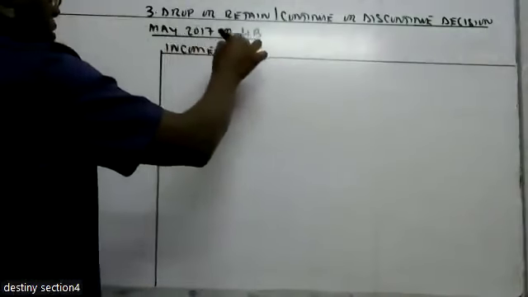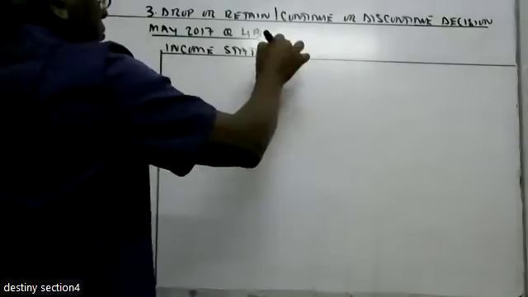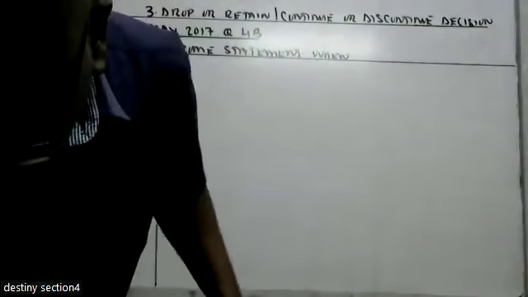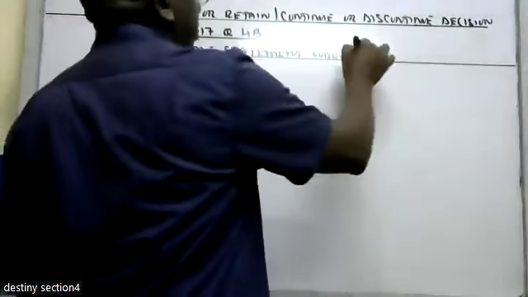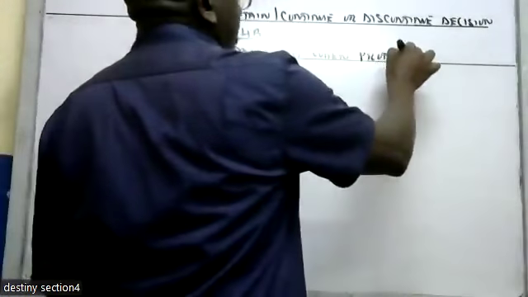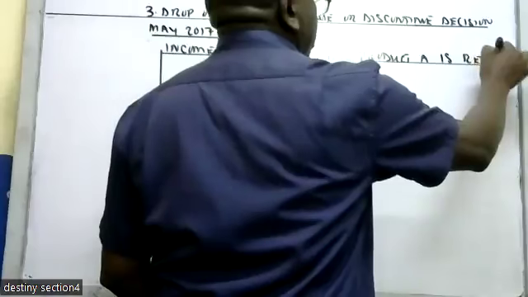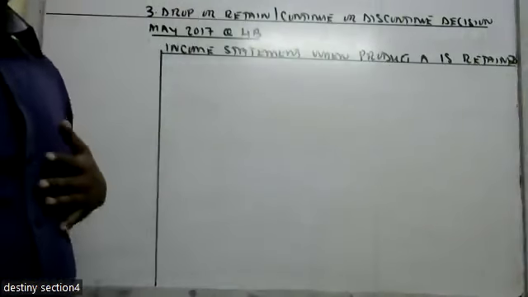Income statements. When tulikuwa tunaulizwa, we decide whether they should drop product A when product A is retained. Income statement when product A is retained.